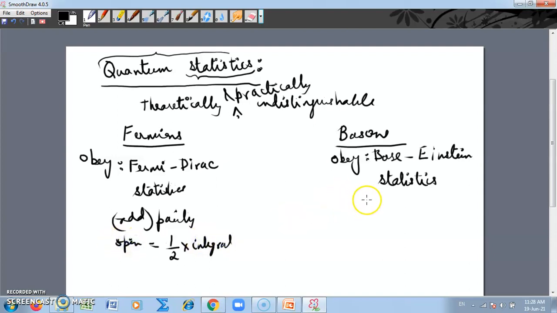And this is even parity, and this spin is integral spin. So I'll stop here today, and we'll come back to these three qualities of these quantum properties of the nucleus in our next class.